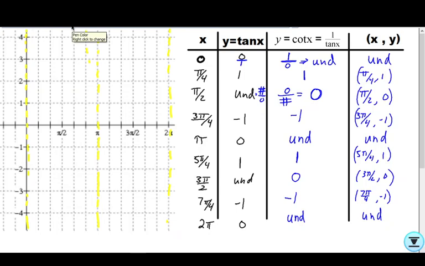So at pi over 4, right here, we're at 1. Pi over 2, 0. 3 pi over 2, negative 1. Then 1, 0, negative 1.